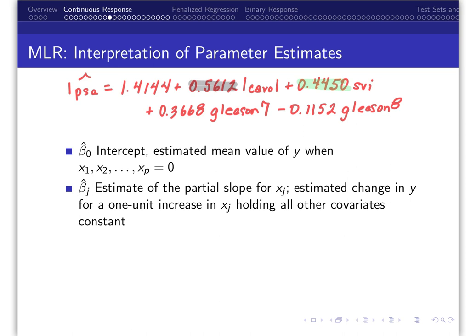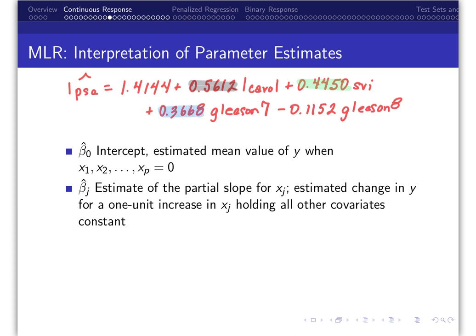So in the context of this data set, it is more informative to state that those with seminal vesicle invasion are estimated to have a log prostate-specific antigen 0.445 units higher than those without seminal vesicle invasion, controlling for log cancer volume and Gleason grade.